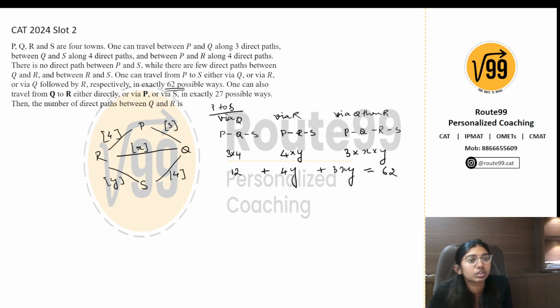Next, they have also given data. If you want to travel from Q to R, one you can go directly. So direct is Q to R, which is X. So there are X ways.